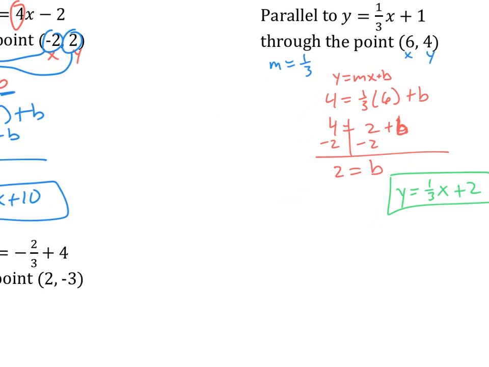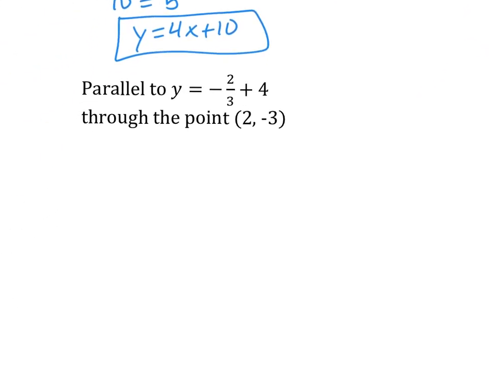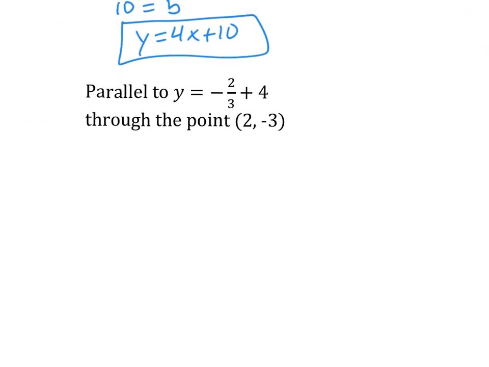Okay, let's look at one more example here. We want the line parallel to y equals negative 2/3 x, sorry, there's a little typo in there, plus 4. That goes through the point 2, negative 3. Okay, so our slope is going to be negative 2/3. Okay, this is our x and our y.